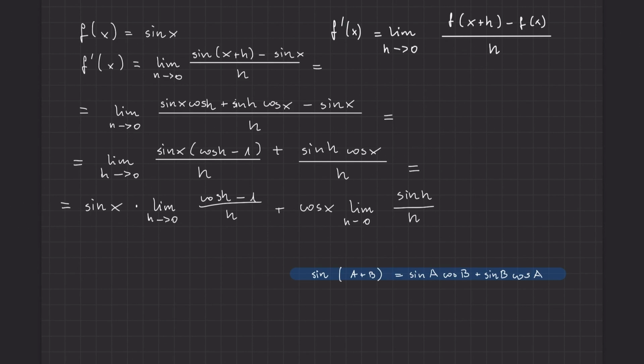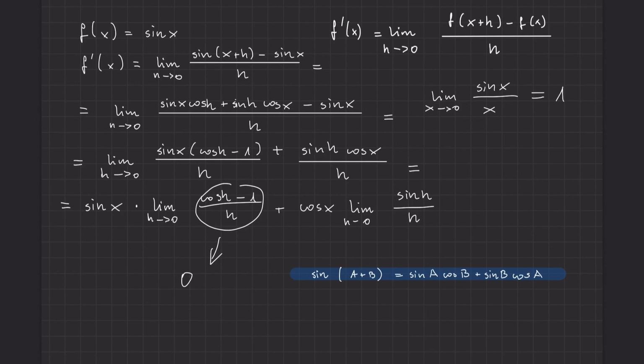So from the formulas, for example, we know that the limit as x goes to 0 of sine x divided by x is 1, and this one right here will be 0 because cosine of 0 is always 1.